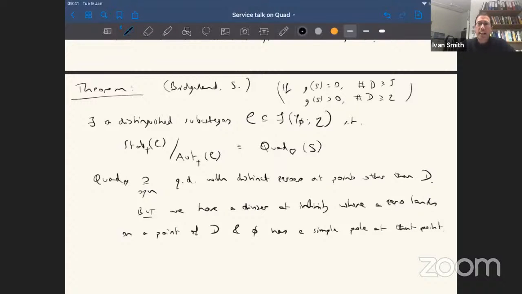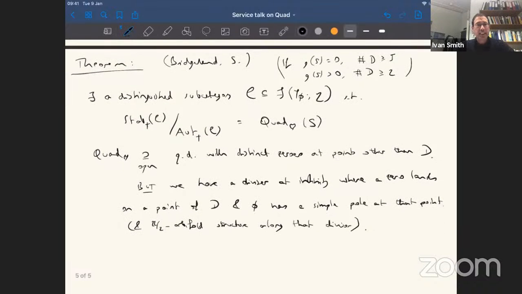Okay, and that divisor actually carries an order 2 orbifold structure. Okay, so this is some statement that relates a certain class of quadratic differentials to stability conditions on these sort of categories that are of sort of symplectic geometric origin.